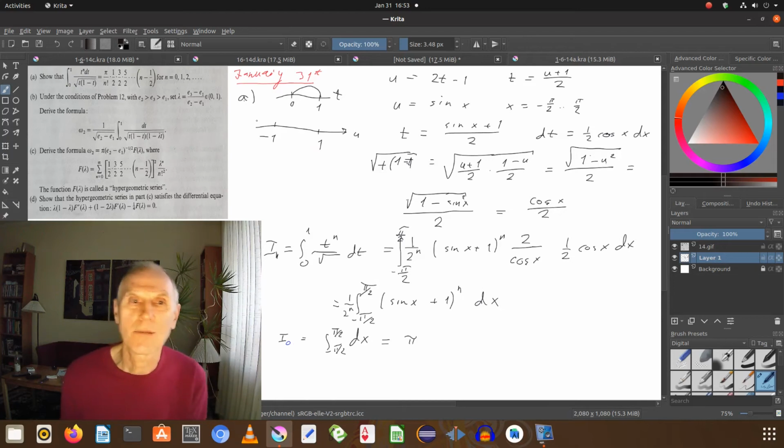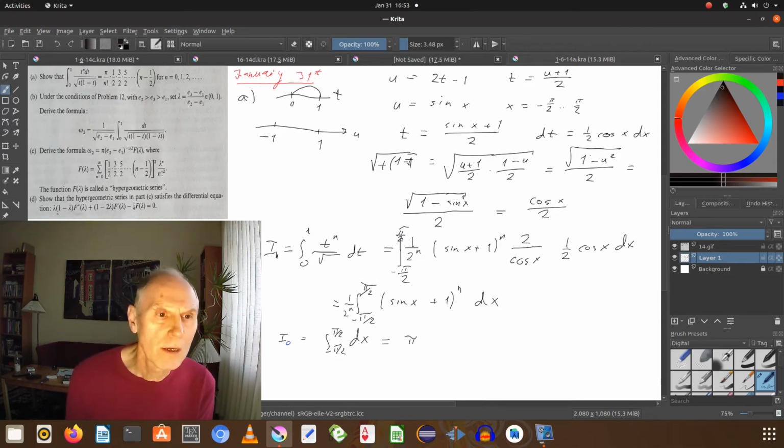I have time enough. So let's do the last one. We have to derive the differential equation of the hypergeometric series.